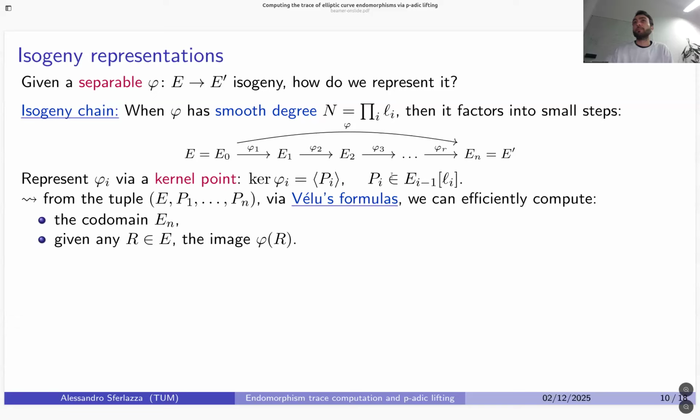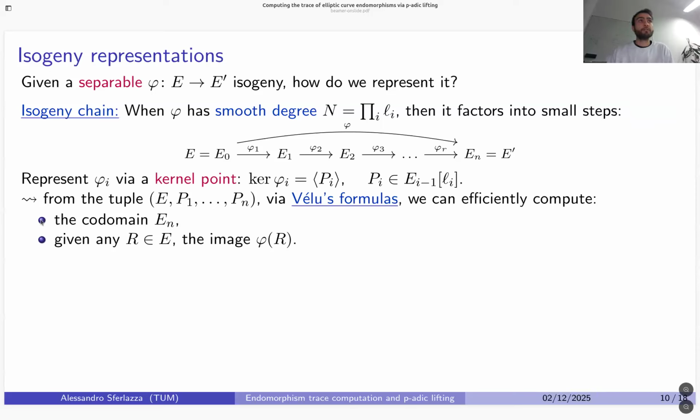That is, given a kernel point, using Vélu's formulas or asymptotically faster algorithms like square root Vélu, we get an algorithm to compute all these intermediate codomains, including the final one, so the actual codomain of the curve, and an evaluation algorithm that, taking any point in the domain, gives us the output of the isogeny in the codomain.